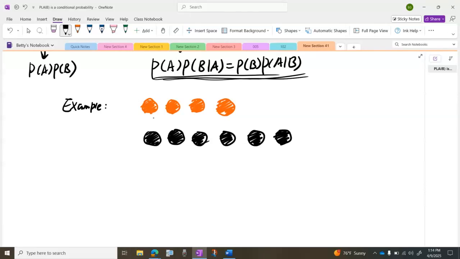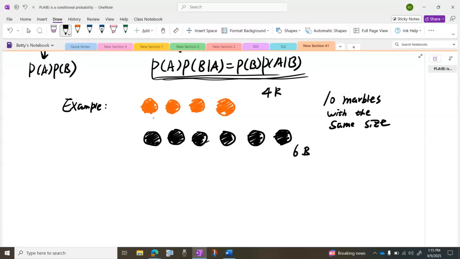We cannot see what's inside the bag. In the bag, we have 10 marbles of the same size, so we don't know the color unless we see it. We know there are 10 marbles: 4 red marbles and 6 black marbles. That's the setting of the problem.